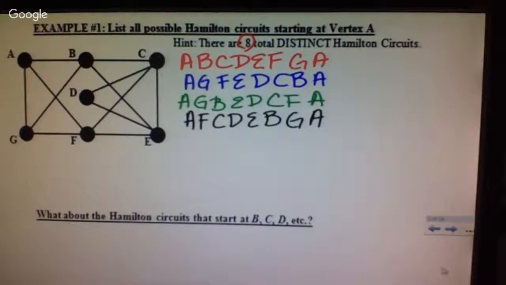A, G, F, E, D, C, B, A. I already have that one. Oh, you did? That's the reverse of the one Naiwan gave us to begin with.